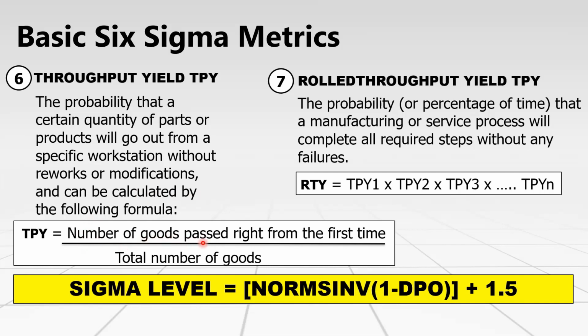The number of goods passed right the first time divided by the total number of goods. As an example, you have a work center assembling certain parts together, and you ask the operator how many units came to you as raw materials to produce output.